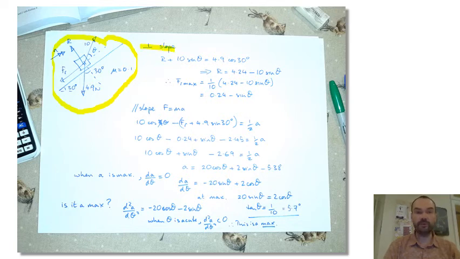Perpendicular to the slope, we have R, a component of the 10, and a component of the weight. That's what I meant by rescuing it, because I already knew I had this one drawn. And that gives R in terms of theta, and it gives friction in terms of theta.